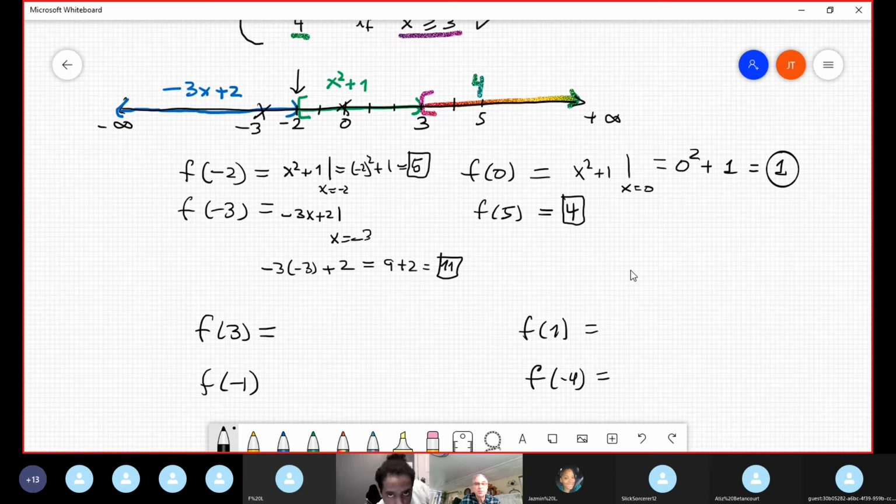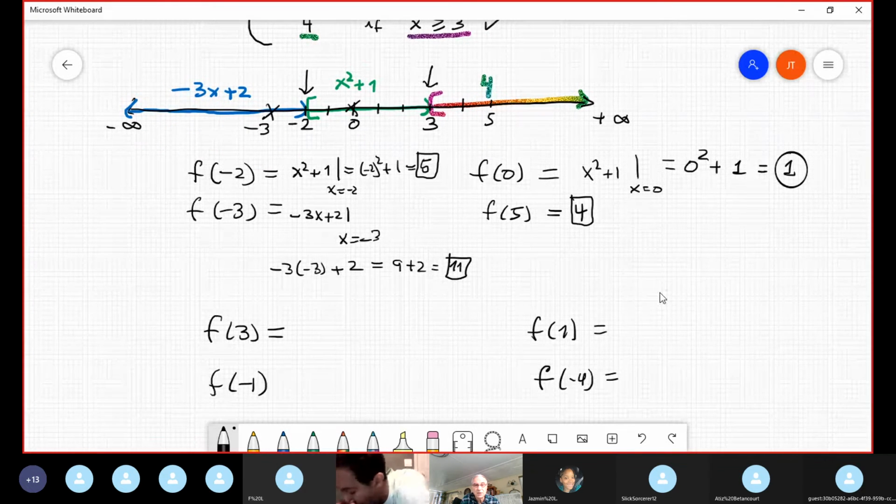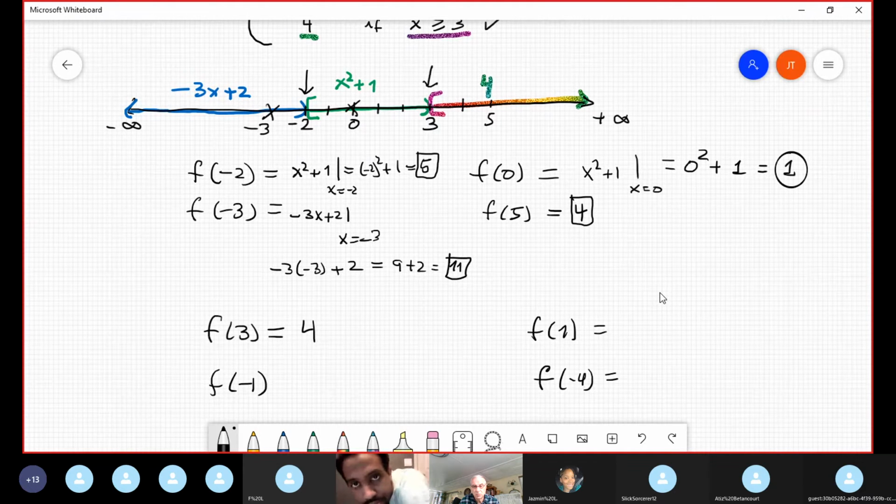Let's focus on positive 3. Positive 3 is confusing because positive 3 is the transition between the green interval and the rainbow color. But I know it belongs to the rainbow color because it's a bracket. You select the bracket part. So 4 belongs to the rainbow color. So the answer is just 4. Guys, do you follow me or no?